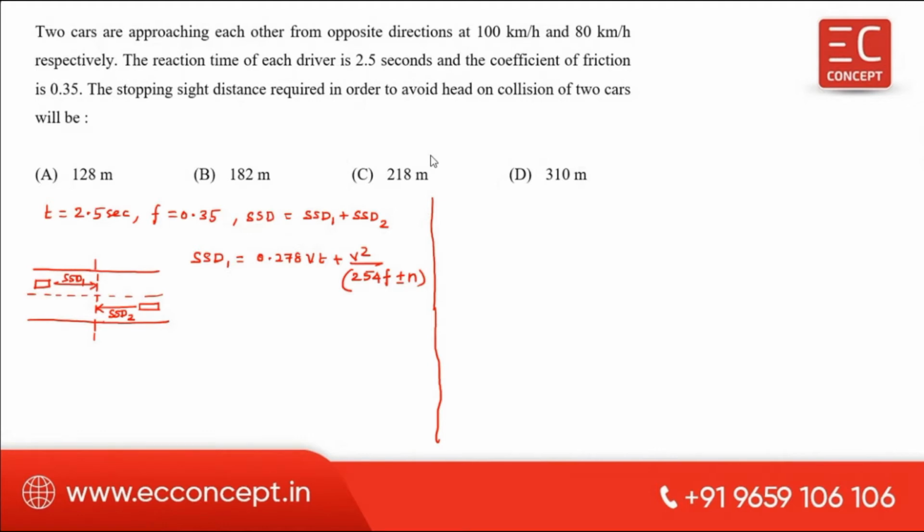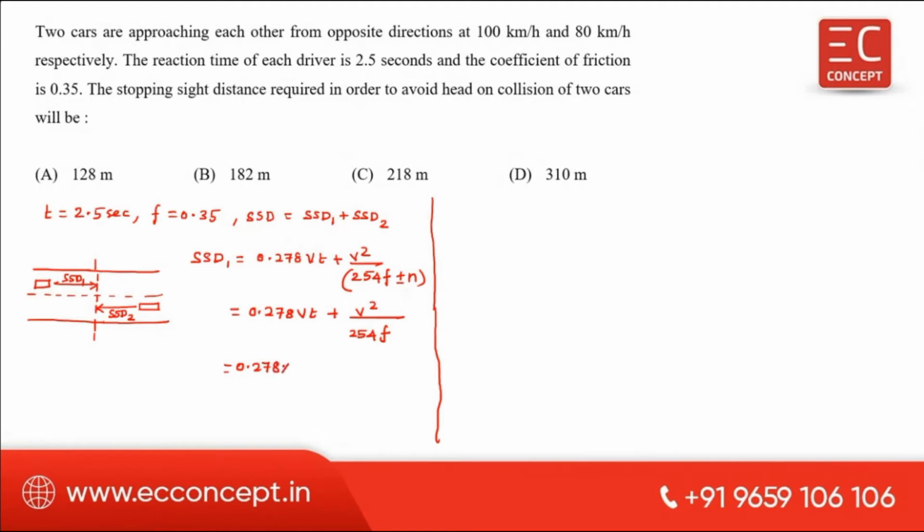You have to substitute the values so that you will get the answer. Here there is no gradient given, so n is equal to 0. Therefore, finally this formula becomes 0.278 Vt plus V square divided by 254F.